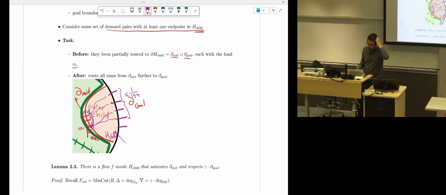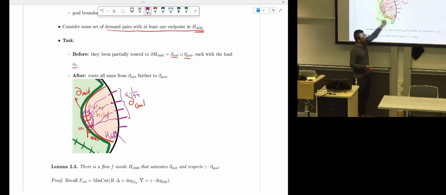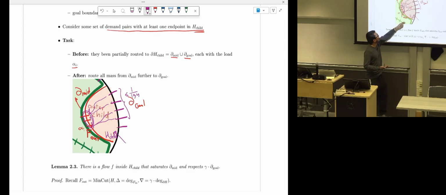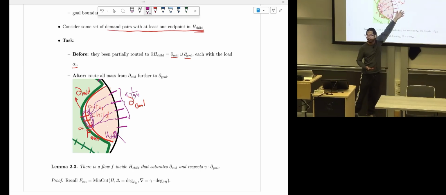So once we know that there is such a flow, whatever flow path has come to this one, we just follow this purple flow. Just concatenate them by the purple flow to the goal.